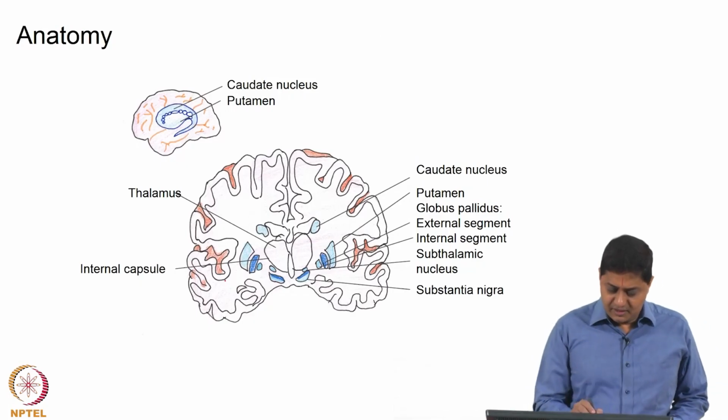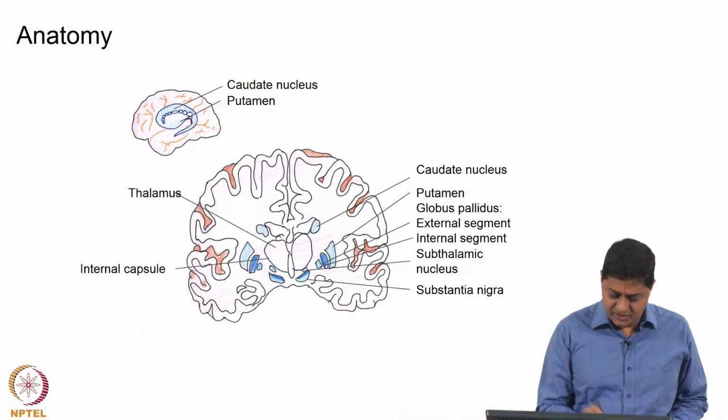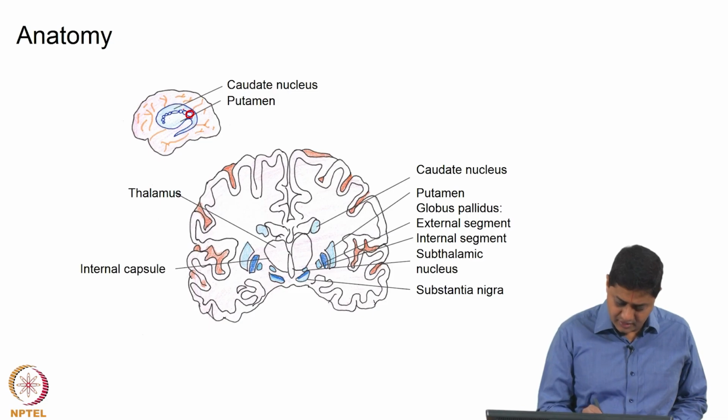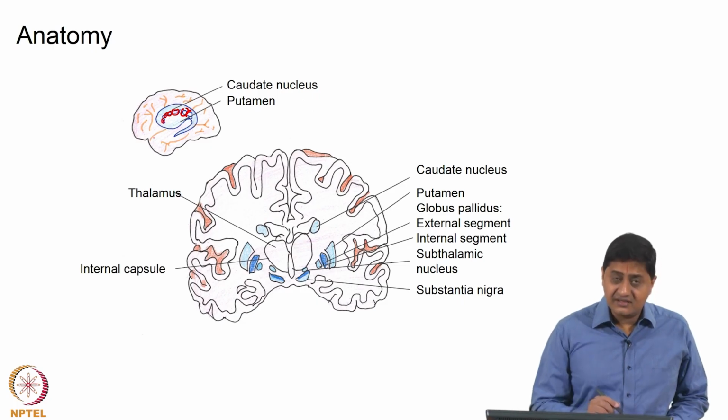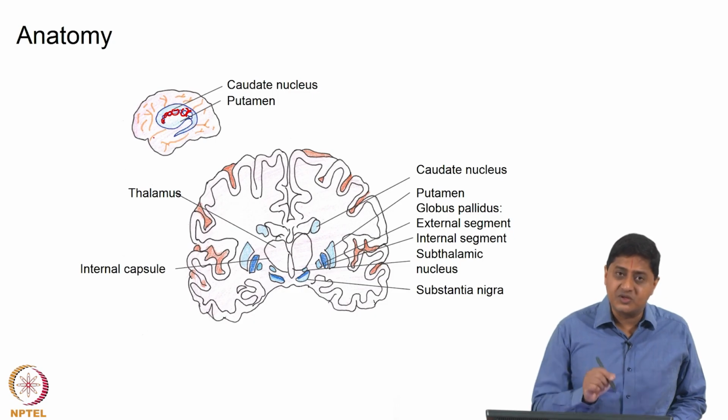So, once again here is this caudate nucleus with its tail here and head here shown. There are these holes, I hope you are able to visualize these holes here. There is a gap here, gap here, gap here. These gaps are the gaps through which axons of the internal capsule are going through.